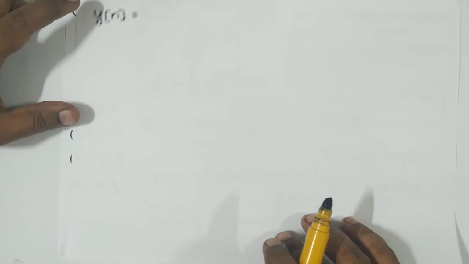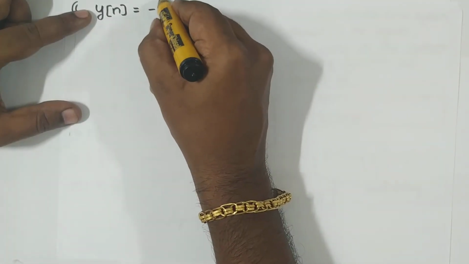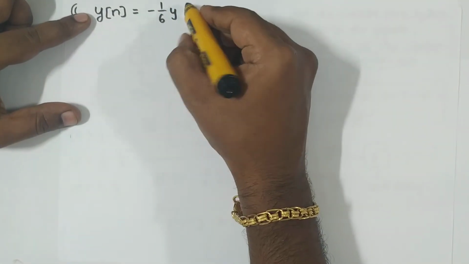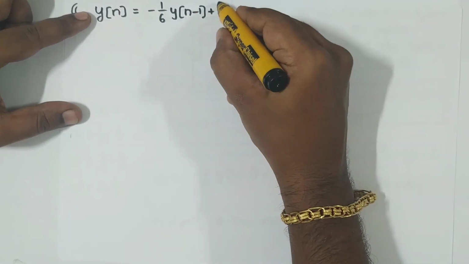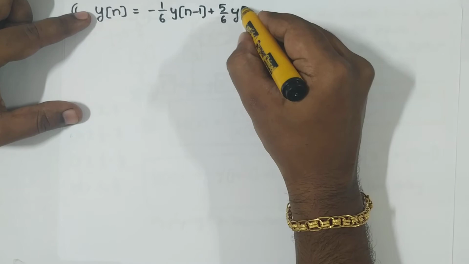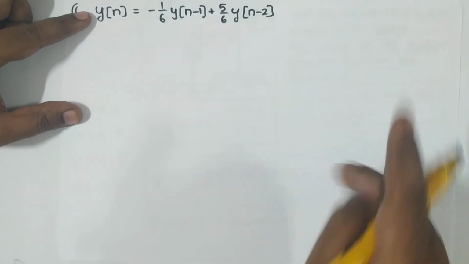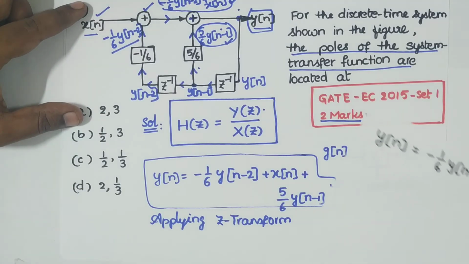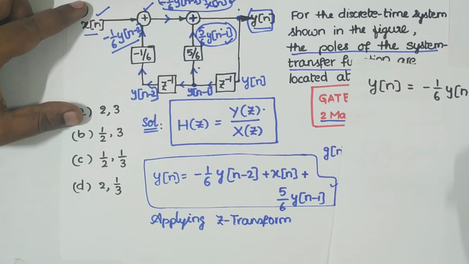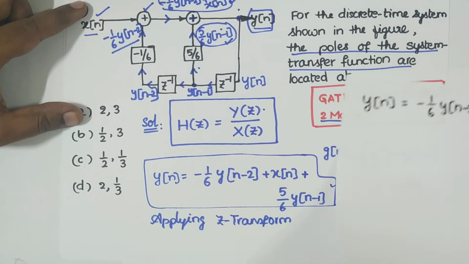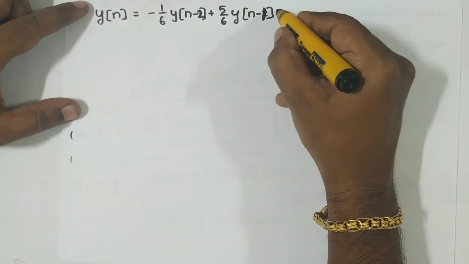Okay, so let me put it down like this: y of n equals minus 1 by 6 y of n minus 2 plus 5 by 6 y of n minus 1 plus x of n.